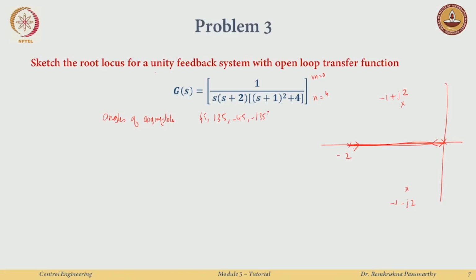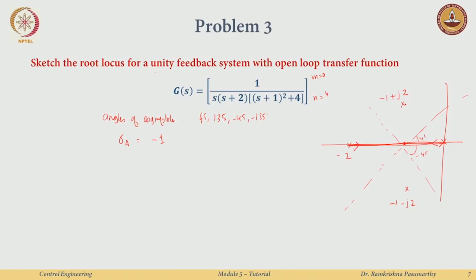And then you are also looking at the center of the asymptotes, sigma A. You can just check that this is minus 1, right. I am skipping all this computation. So, this is your center of the asymptotes, right, and then they go this way and this way. Okay. So, this is like 45, this is minus 45 and so on, 135, minus 135.